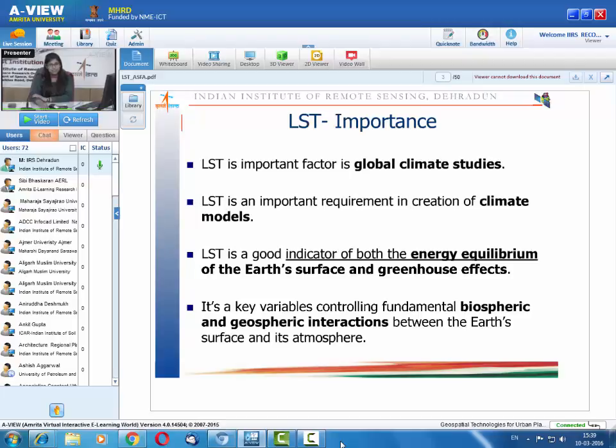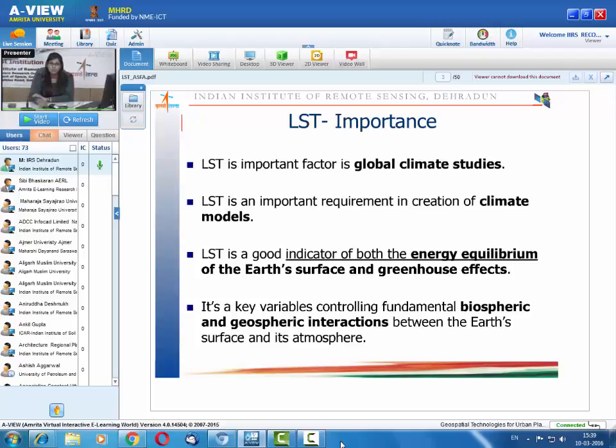Land surface temperature is a good indicator of the energy equilibrium of the Earth's surface and the greenhouse effects. I mentioned that the atmosphere is made up of various gases. The atmosphere in itself is divided into several layers. All these layers comprise the atmosphere which has greenhouse effect and the Earth's surface.